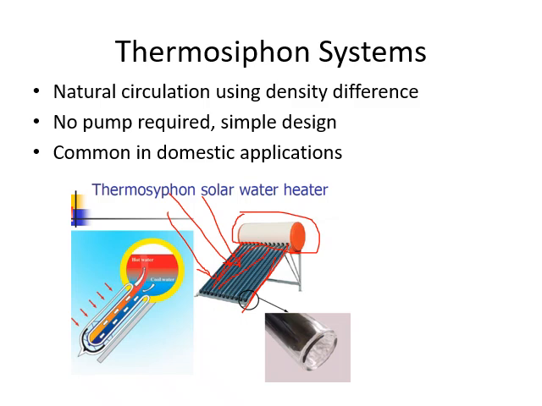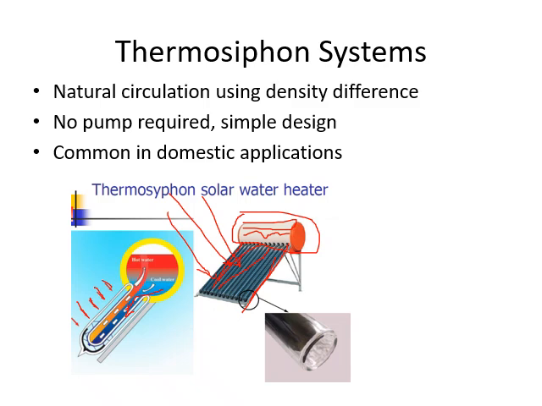Also, it will give the cold water a way to travel down. You can see the cold water is indicated by the blue color. It will travel down, and the hot water will get heated because the solar irradiation is falling on the tubes, and it will get lighter in density, and it will travel upward to the tank. And when it enters the tank, the hot water will be stored at the top because it's the lightest, while the cold water will stay at the bottom, and this will continue by the siphoning system.